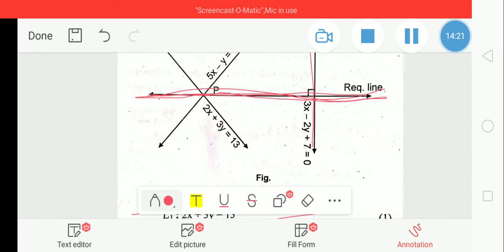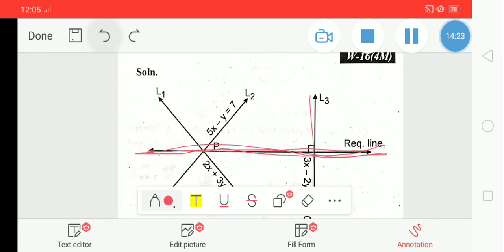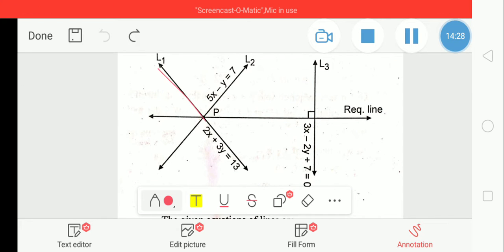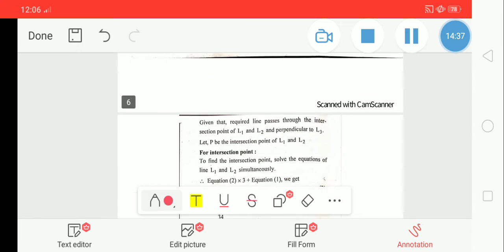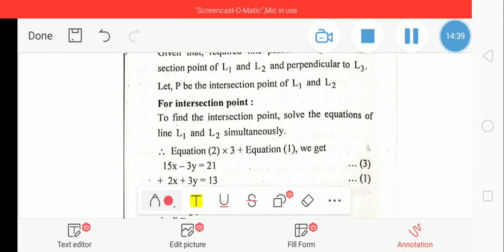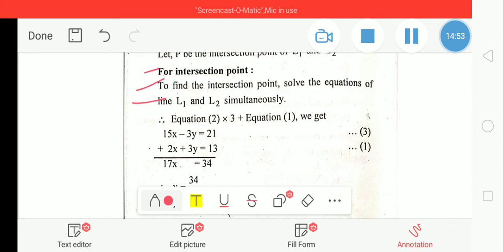So the required line passes through the intersection point P, and is perpendicular to the other line. To find the intersection point, solve the equations of L1 and L2 simultaneously first.